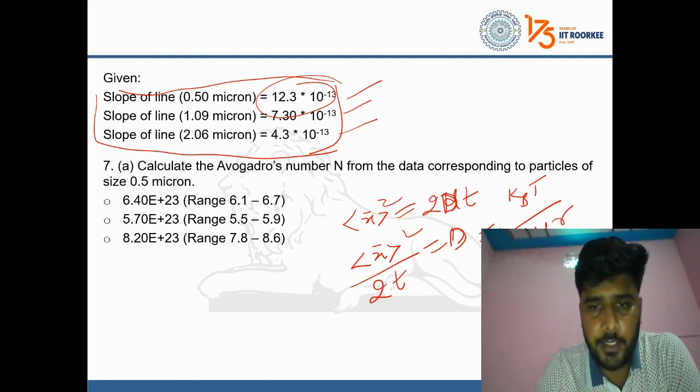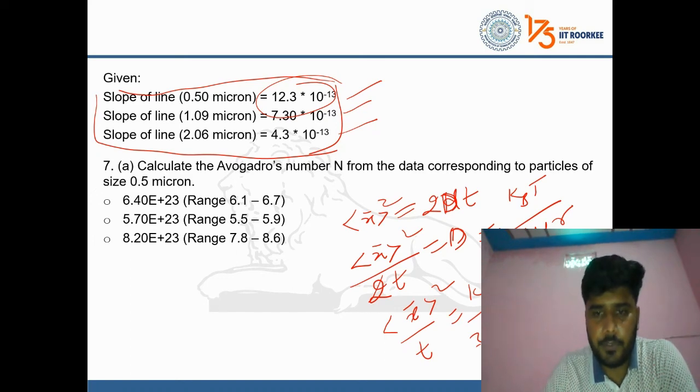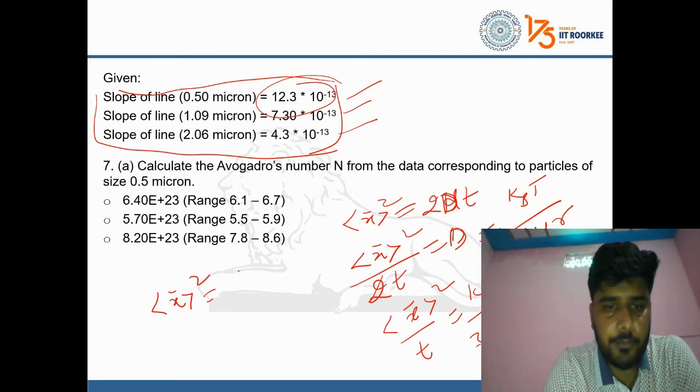Okay, so these values cancel out. X bar by t is equal to kBT over 3 pi mu r. Arranging it, x bar square equals kBT over 3 pi mu r times t.